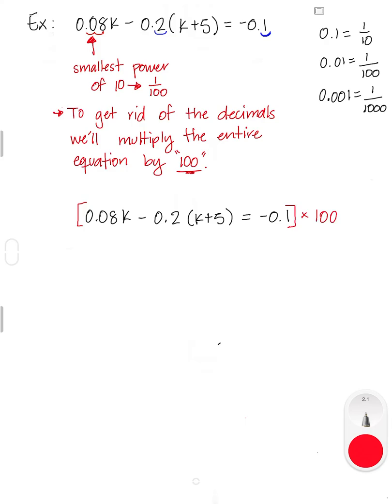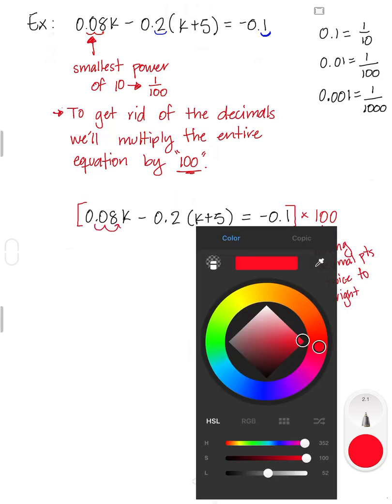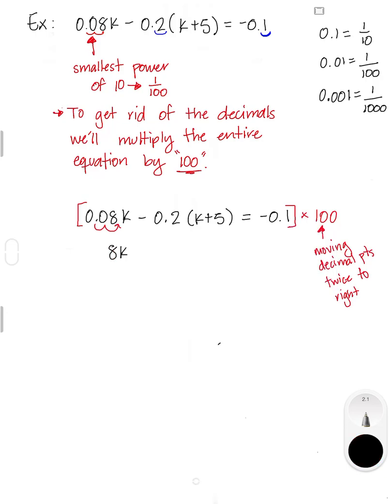Now remember that when you multiply by powers of 10, you're basically moving the decimal point to the right. Here we're moving the decimal points twice to the right. So instead of 0.08, this decimal point moves twice, and it becomes 8k.